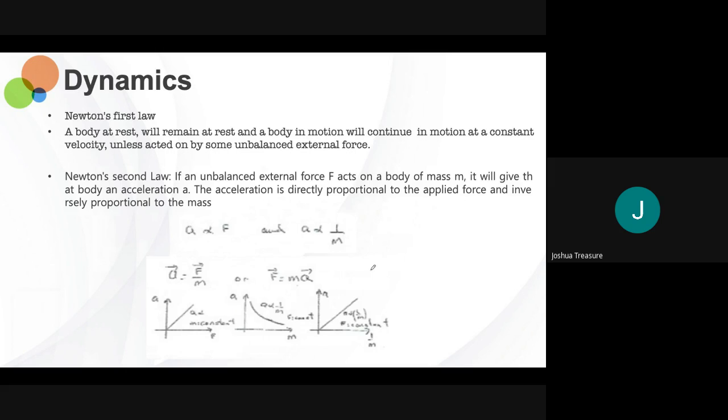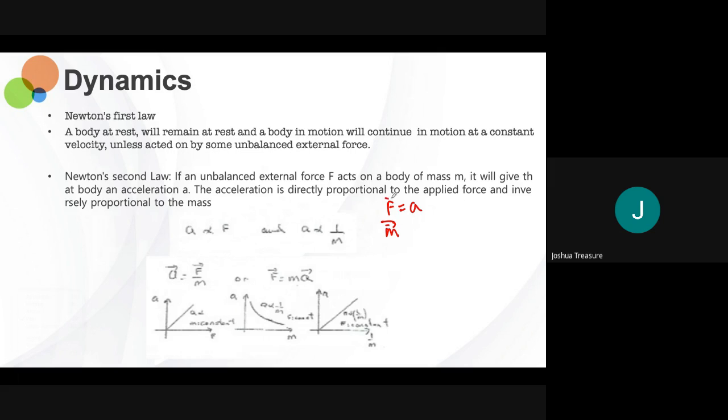If an unbalanced external force F acts on a body of mass M, it will give that body an acceleration of A. The acceleration is directly proportional to the applied force and inversely proportional to the mass of that particular object. So that relationship, right, because A is directly proportional to F, and it is inversely proportional to the mass, right? Therefore, you should get a relationship looking like this.